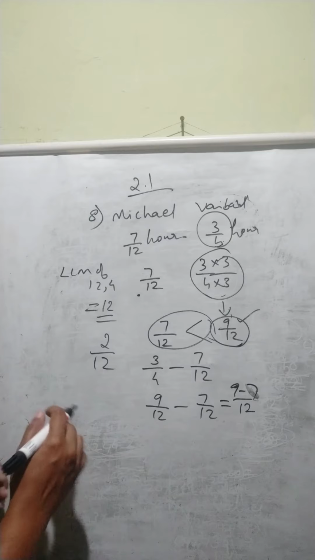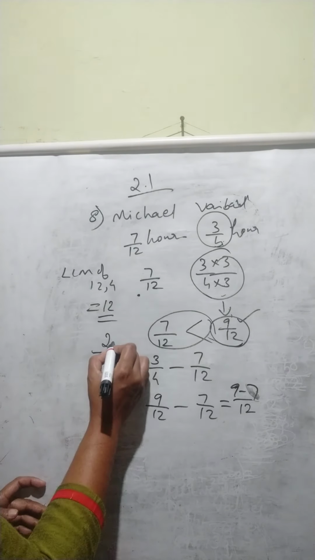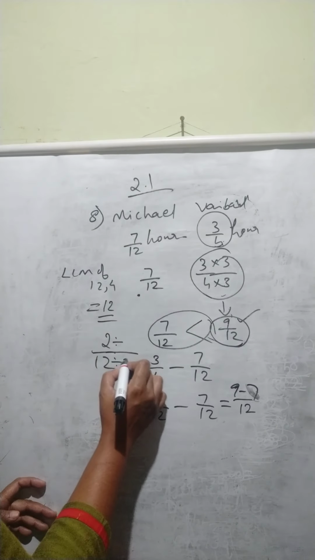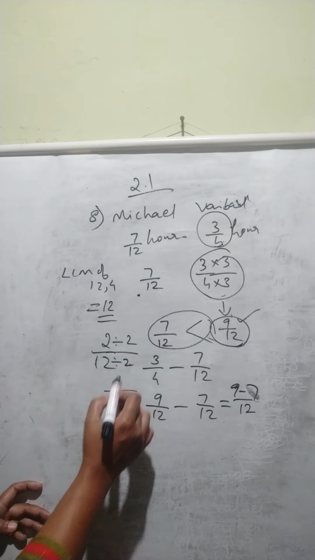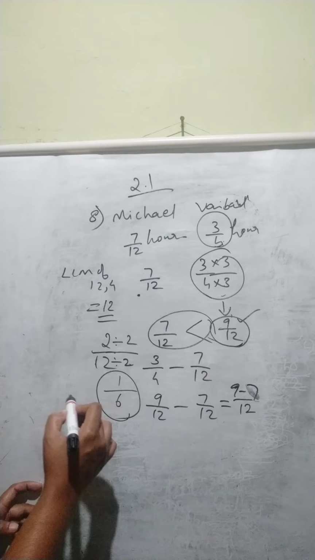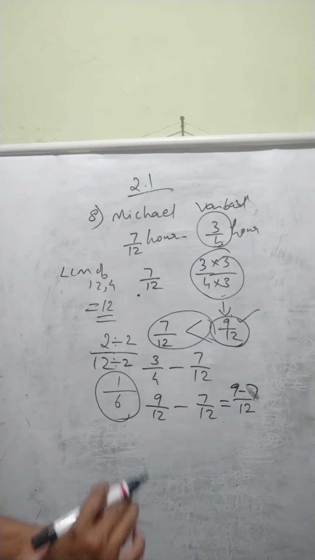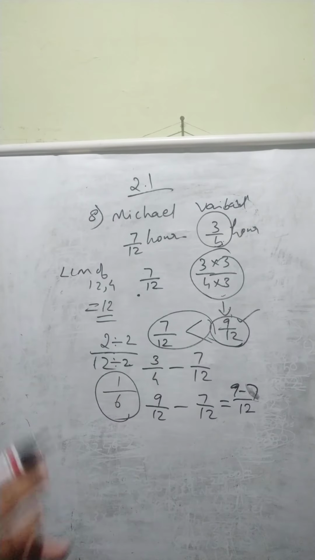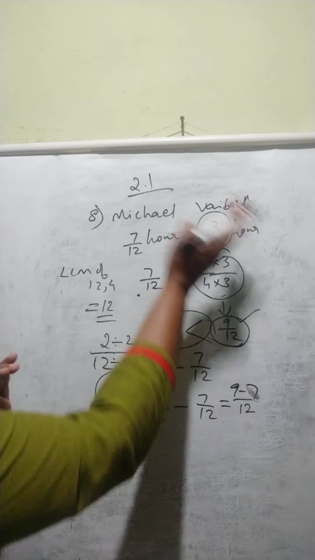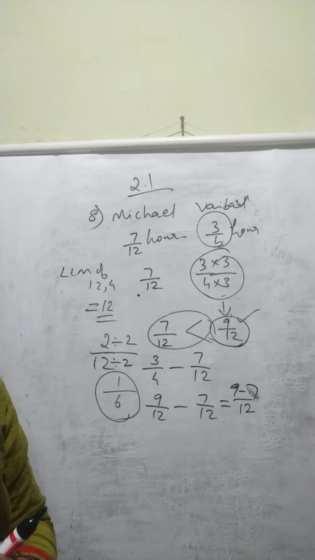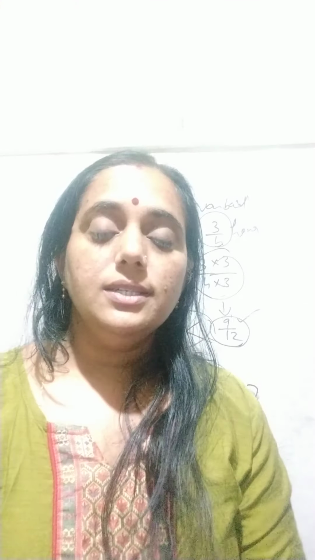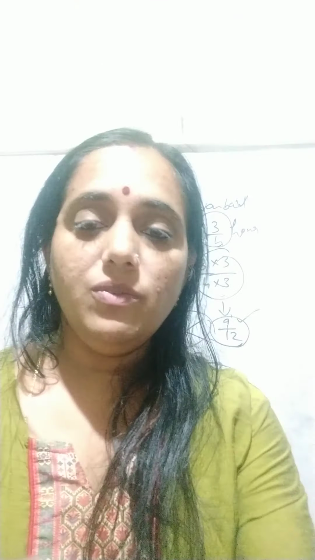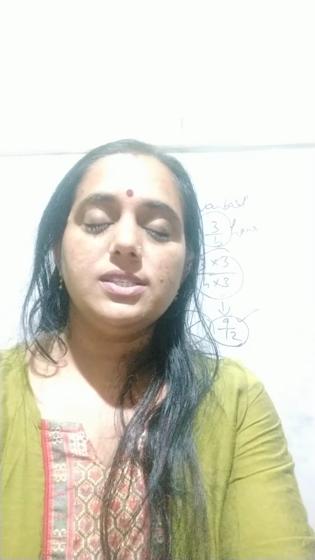We can reduce it to the simplest form by dividing both numerator and denominator by 2. 2 divided by 2 is equal to 1, and 12 divided by 2 is equal to 6. So we can say Vaibhav took 1 on 6 of an hour more than our Michael. Clear? So I think now you got the idea of how we can find the solutions by using fractions. Okay.